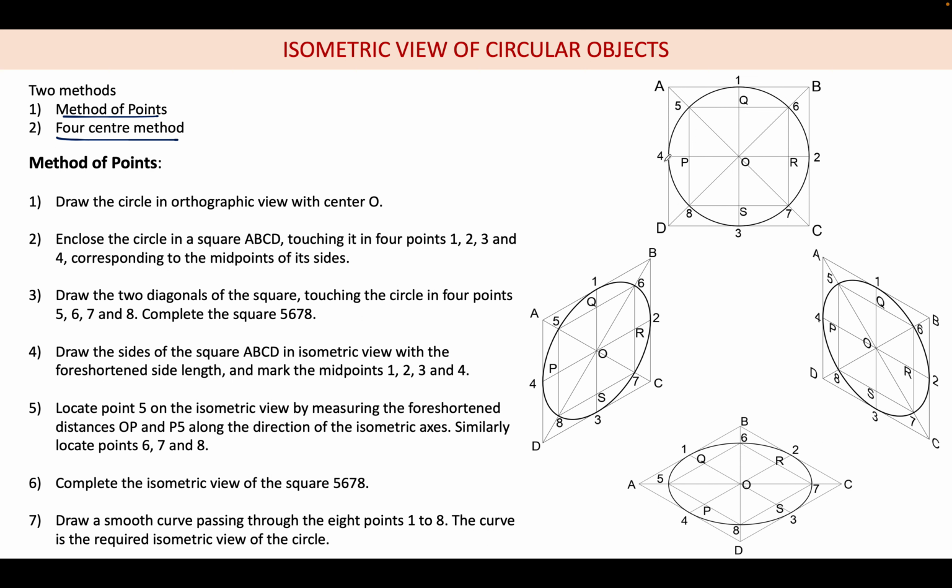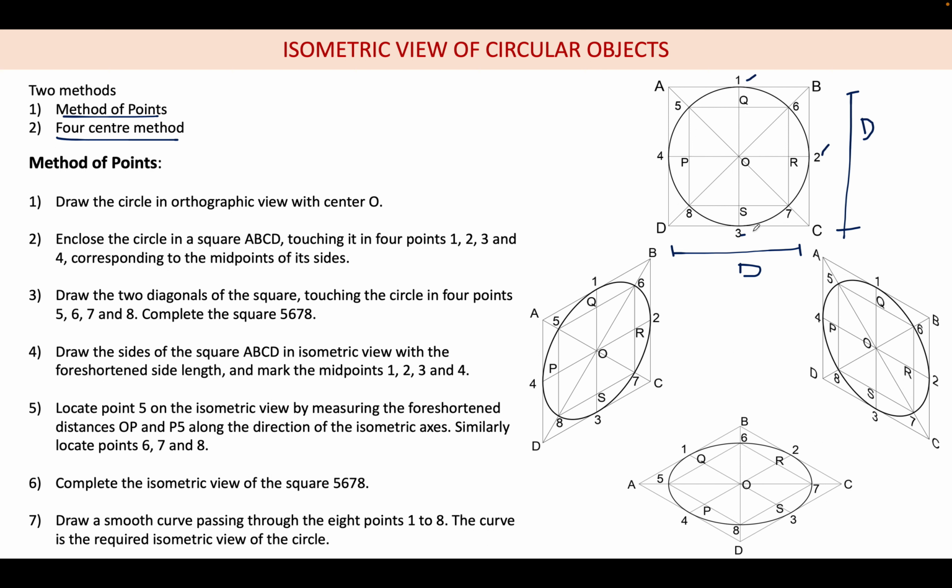Here it will not be a rectangle, it will be a square, because this DC will be equal to the diameter of the circle. Same way this BC will also be equal to the diameter of the circle. So with the diameter of the circle we are drawing the square, and now we are drawing the 2 diagonals. First we are marking the midpoints as 1, 2, 3 and 4.